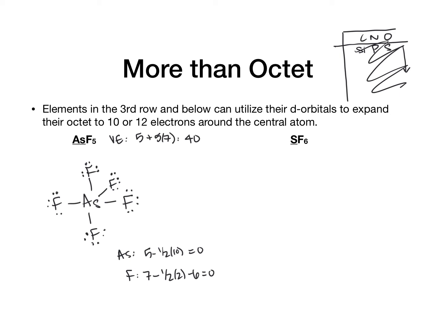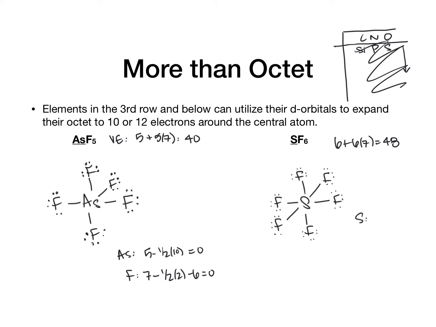So let's look at sulfur hexafluoride. The valence electrons are 6 plus 6 times 7, that equals 48. We're going to put our sulfur in the center and carefully connect 6 different fluorines to it. Then we can put all of our valence electrons, and we will have used all 48 of our valence electrons.